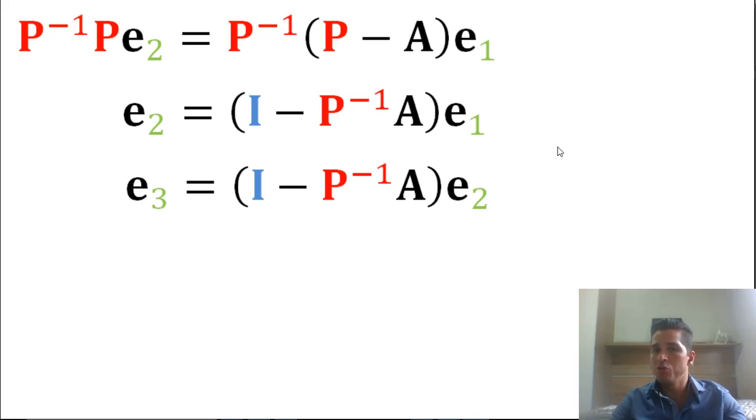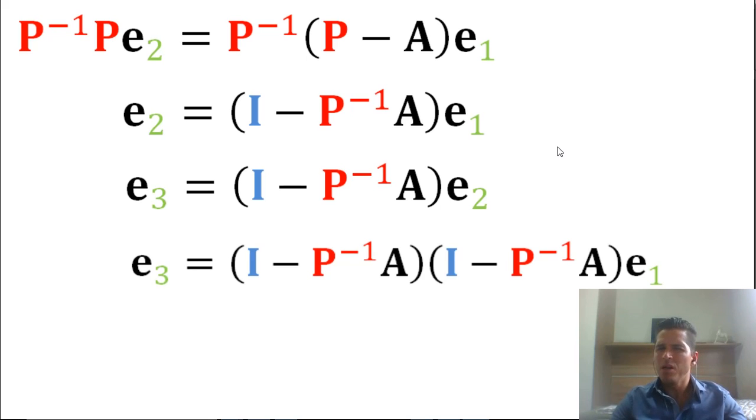Well, I could do this forever for e3, for e4. But let me now show you what happens on e3. Let me show you that e3 depends on e2 and e2 depends on e1. So let me rewrite this term e2 as what it is, I minus p inverse a times e1. So can you see, I'm sure you can see, that this term is now put here twice.